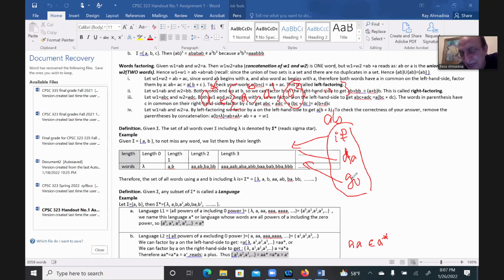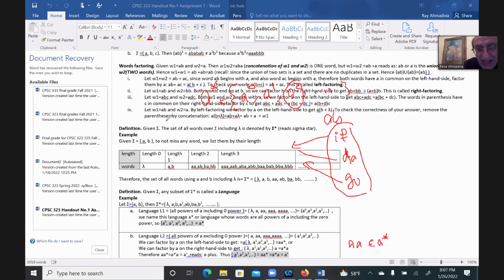Yes, it is in the language. Is DO a word in the language? Yes. So exactly the same as this one here. AA is a word in this language. Got it? So what is A star? A star is a language consisting of all powers of A, including the 0 power.